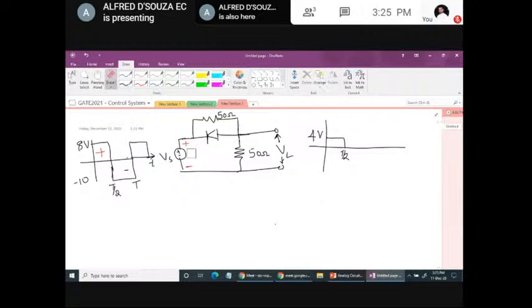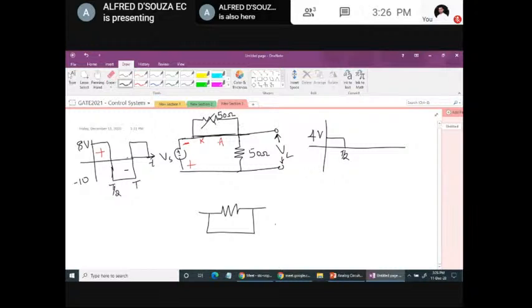In the negative half cycle, this side becomes negative, this side becomes positive. So negative is connected to cathode, and positive is connected to anode. So the diode is forward biased. How do we represent a forward biased diode? As a short circuit. Whenever we have a short circuit across the resistor or any other component, this is bypassed.